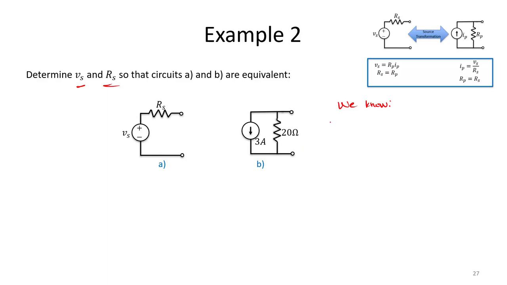Well, in this case, we know that IP is equal to 3 amps, but hey, wait a minute. Notice that this IP is pointed downward. But in our figure, our source transformation rule required the polarity to be opposite. So notice this orientation.